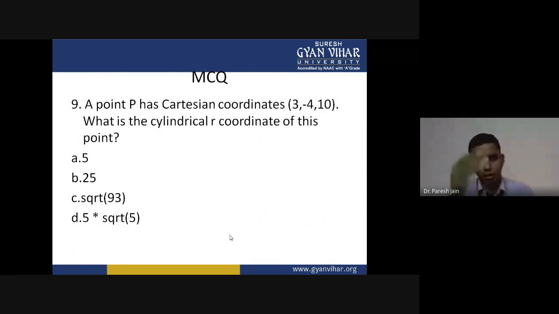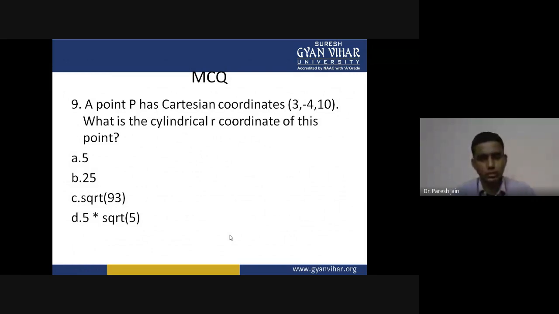We have already worked on this type of problem, so students, you are able to solve it easily by converting the Cartesian coordinate system into the cylindrical coordinate system, because it is a transformation type of problem.